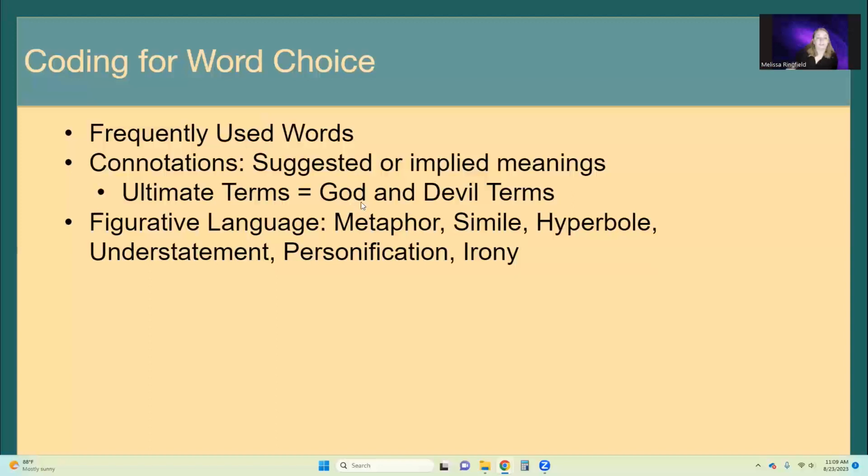God terms are terms that are guaranteed a positive emotional reaction in the audience, and devil terms are terms that are guaranteed a negative emotional reaction. Note that these are really community dependent. What's a god term in one community might be a devil term in another community. And you can code for things like figurative language, metaphor, simile, understatement, whatever seems relevant for your particular topic.